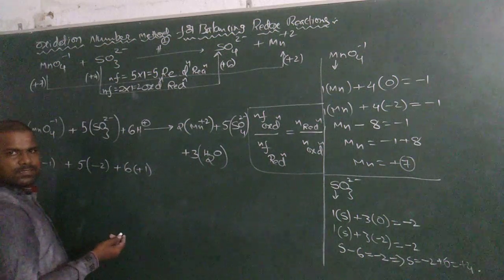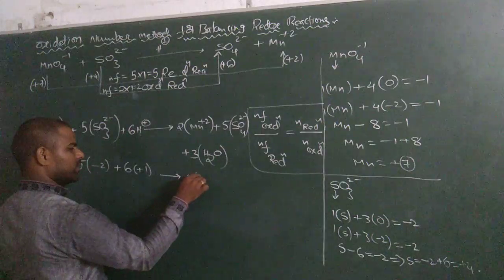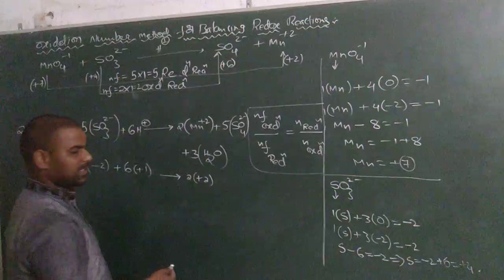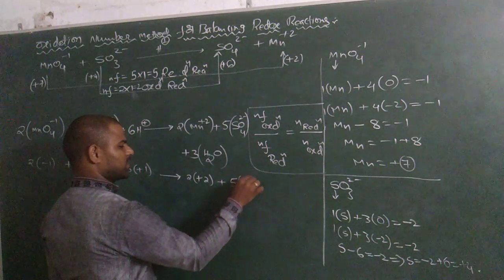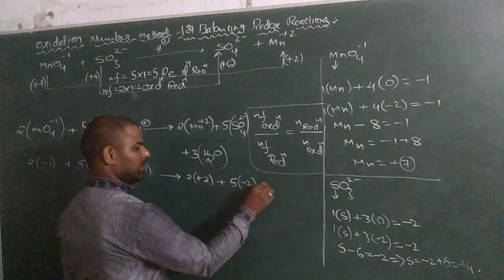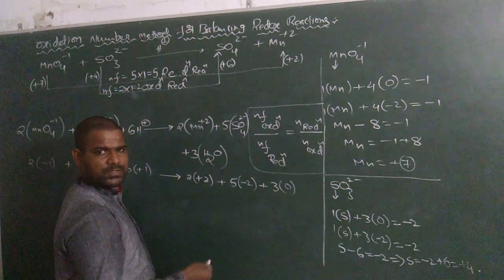We will take 6 plus here. In the product side, there are 2 Mn2+ ions, so 2 into +2 charge. There are 5 sulfate ions, each with charge -2, so it is simply 5 into -2. Then 3 water molecules; molecules are neutral in charge, so 3 into 0.